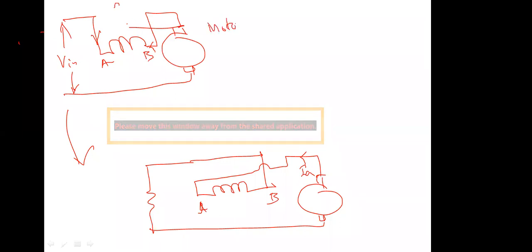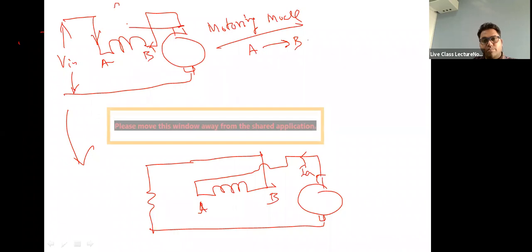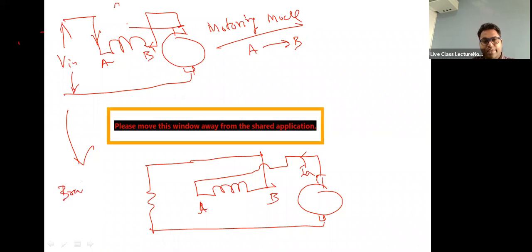Yes. In the motoring mode, current was flowing from A to B, right? So you must maintain this direction of current the same. So say now you are in the braking mode. In the braking mode, you have to again pass the current from A to B. Is it happening here?